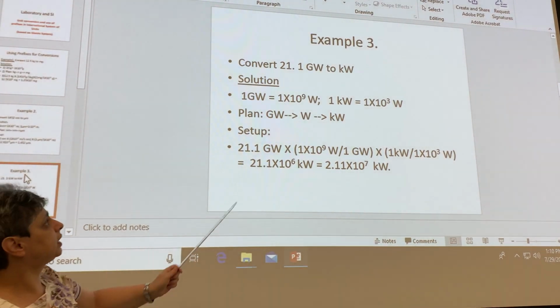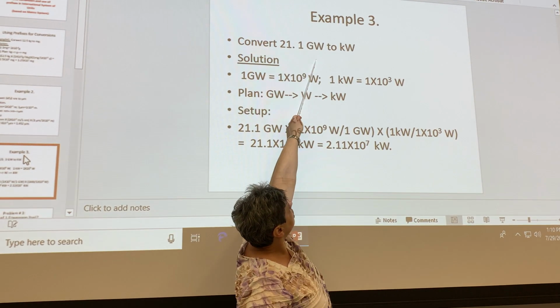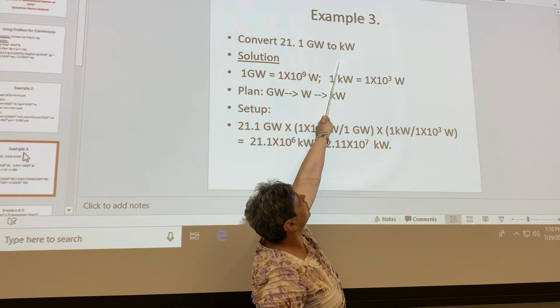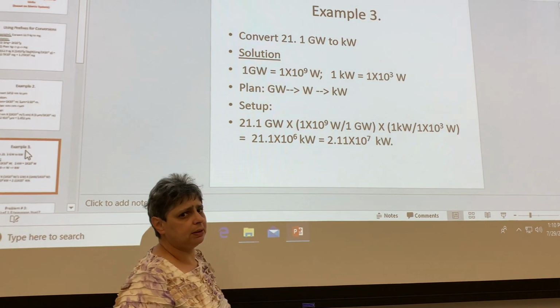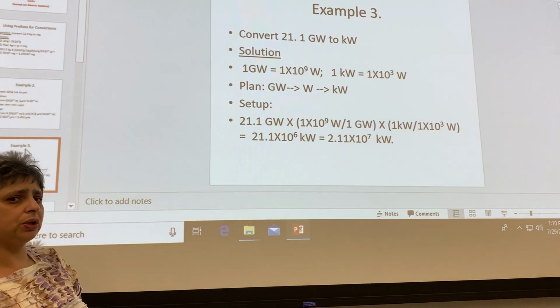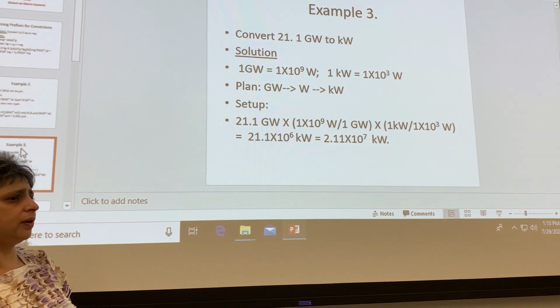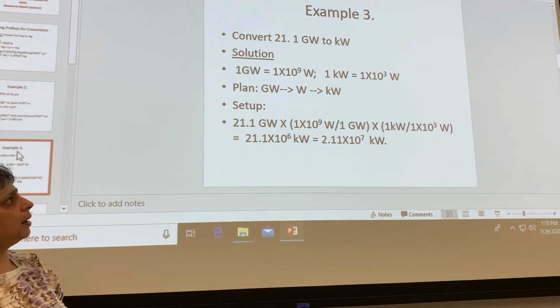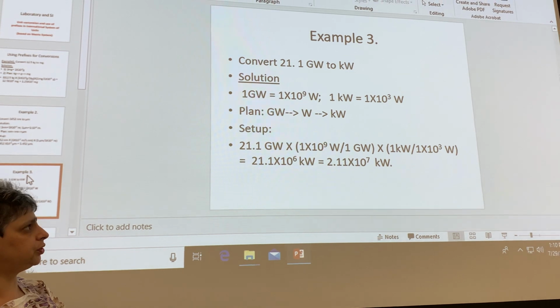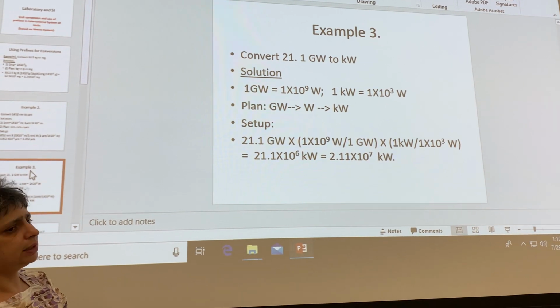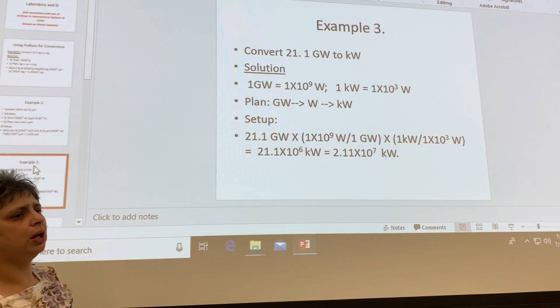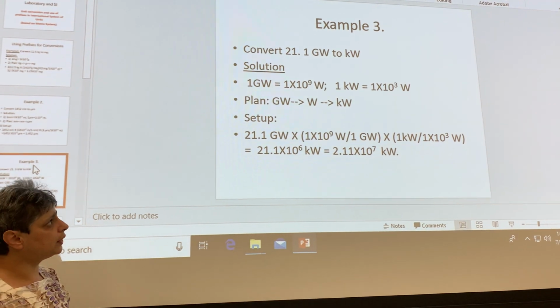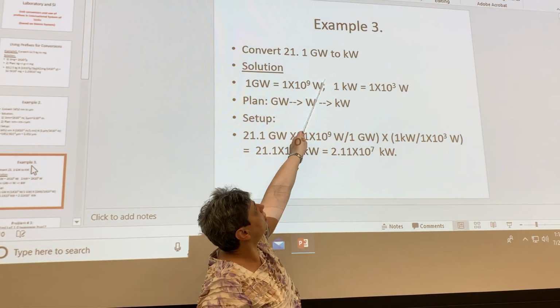So we're going to look at converting 21.1 gigawatts of power to kilowatts. Kilowatt might be something you are familiar with, because if you've ever seen any sort of bill for electricity that comes to our houses and apartments, typically the amount of power used by a household in, say, a month is represented in kilowatts.